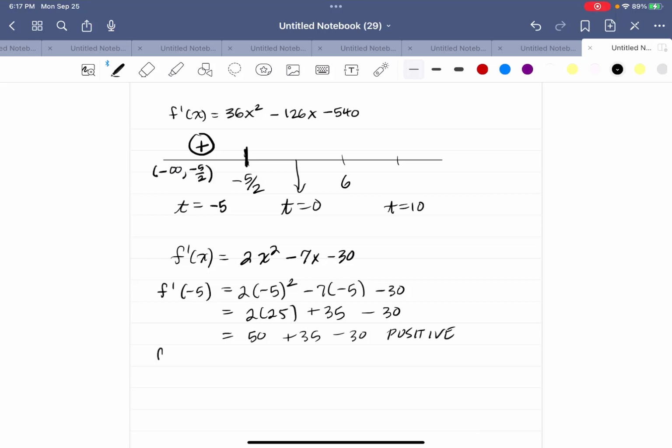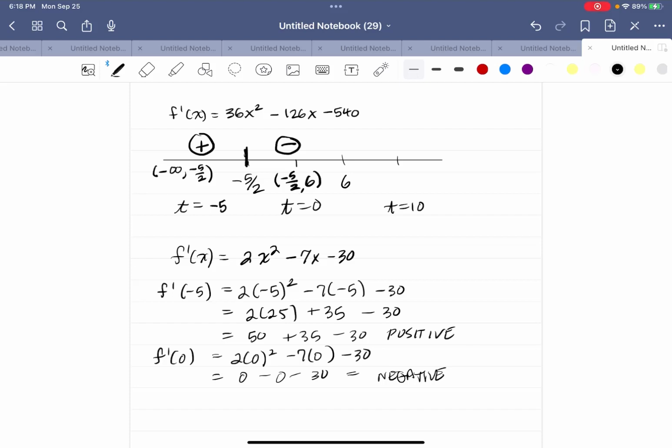Next, I'll check 0. F prime of 0 is 2 times 0 squared minus 7 times 0 minus 30. 0 minus 0 minus 30 is going to be negative. So the region in between is negative, and that is the interval from negative 5 over 2 to 6.